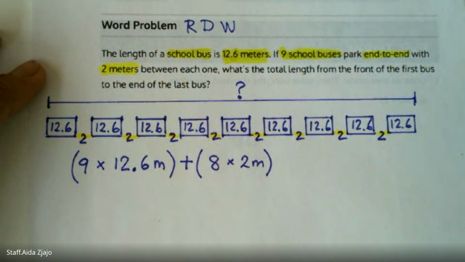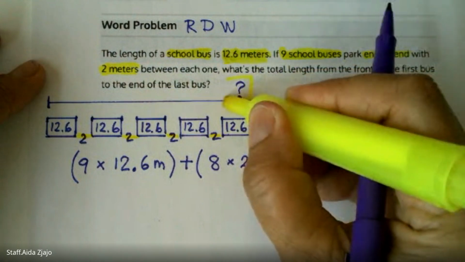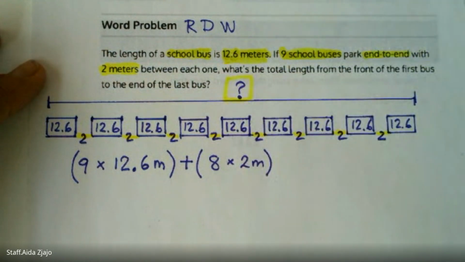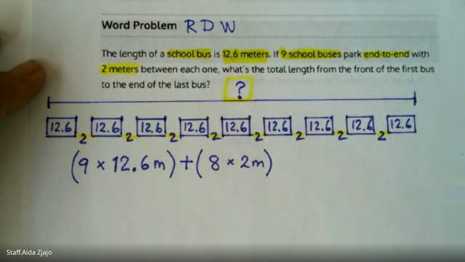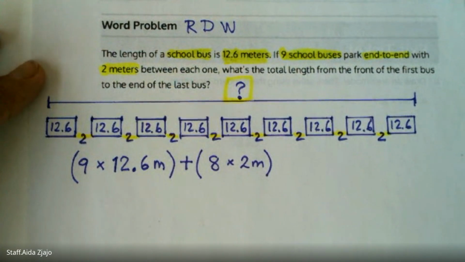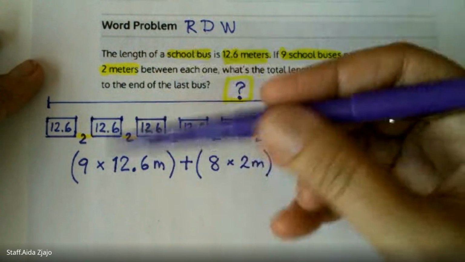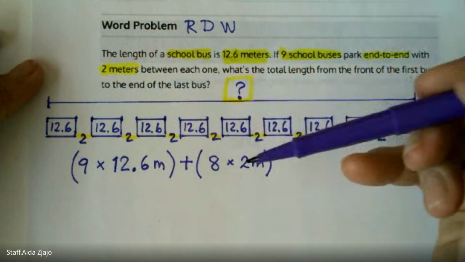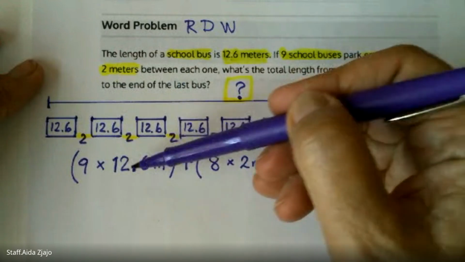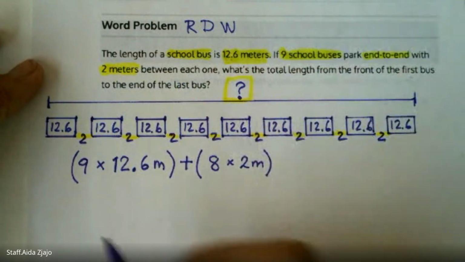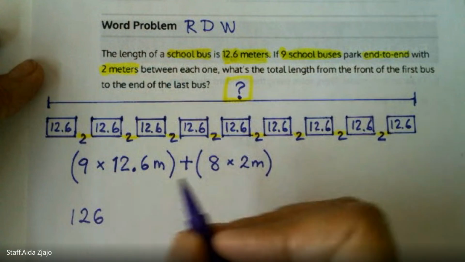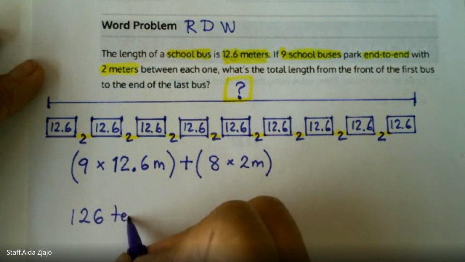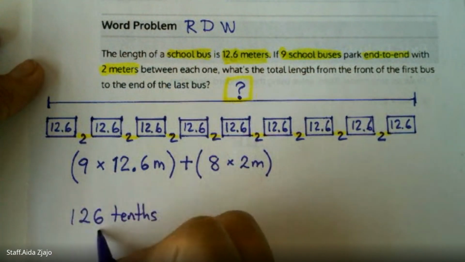So now, how are we going to approach that? We can think about 9 times 12 and 9 times 0.6, and then figure it out. Or we can think about this as 126 tenths instead of 12 and 0.6. It's easier for me to do 126 tenths times 9.